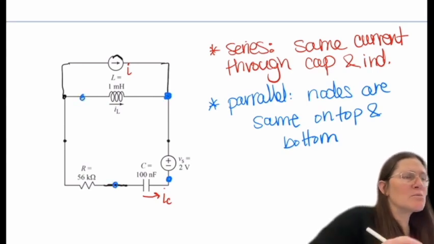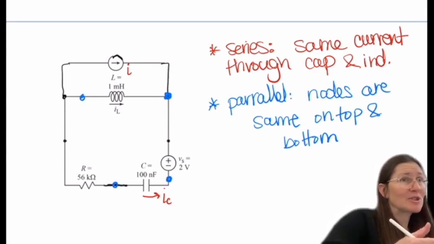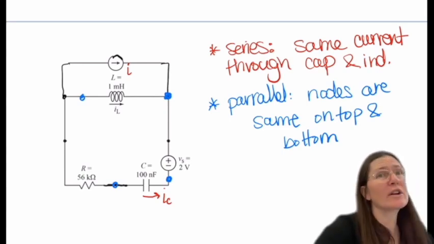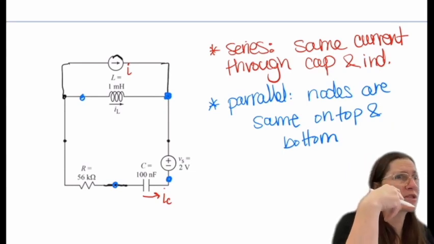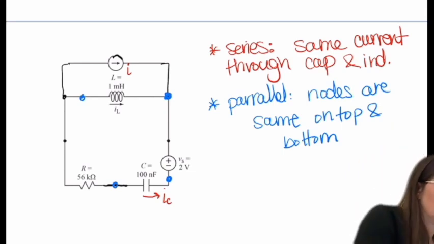So even if I moved the capacitor before or after the resistor, or even before or after the voltage, it's still going to have one of those locations not the same. So I would have one node the same, but the other side would not be the same. So therefore not in parallel. So this one ends up being neither.